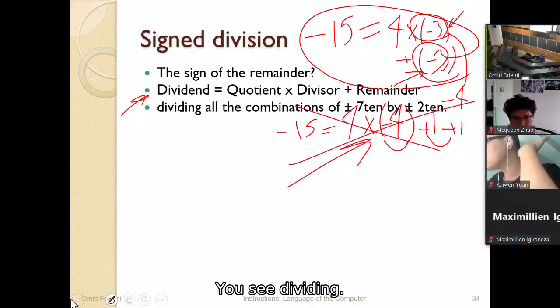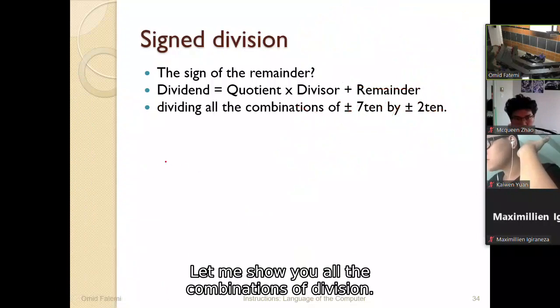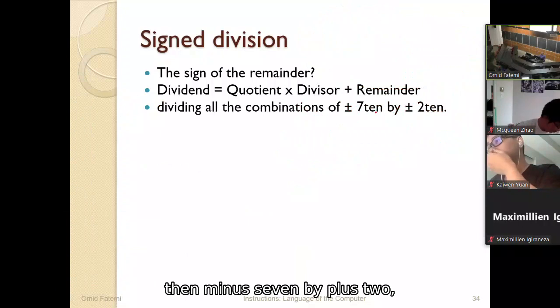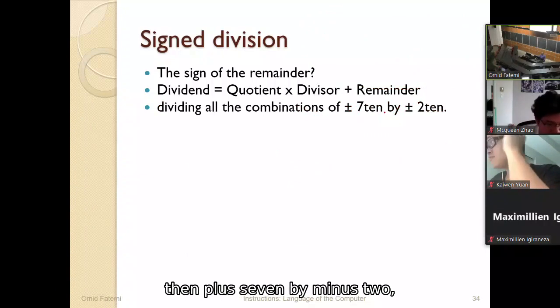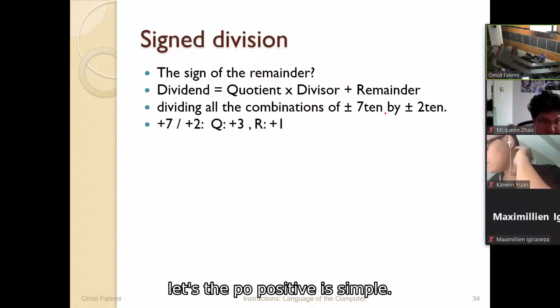Here, let me show you all the combinations of division. I divide plus 7 by plus 2, then minus 7 by plus 2, then plus 7 by minus 2, then minus 7 by minus 2. Let's do it.